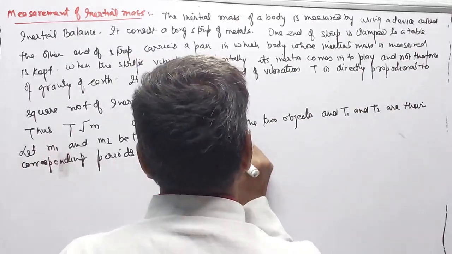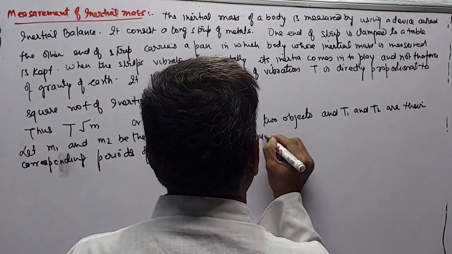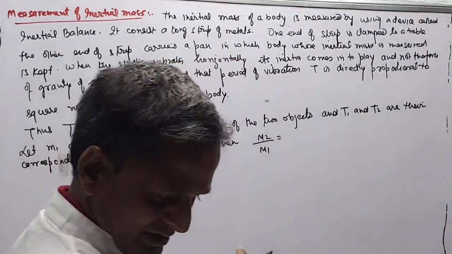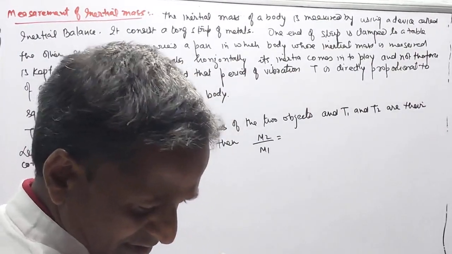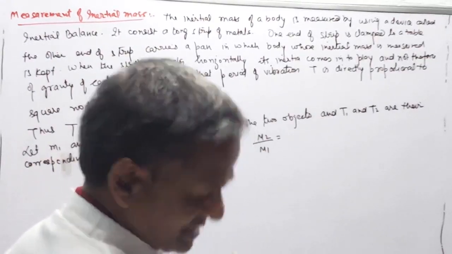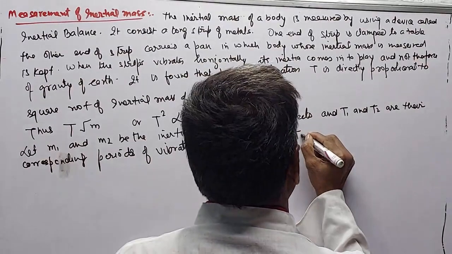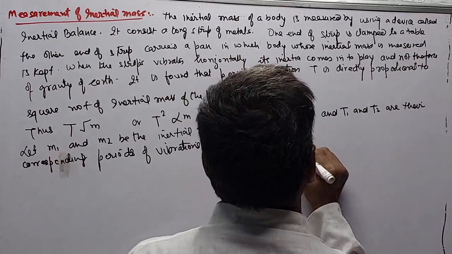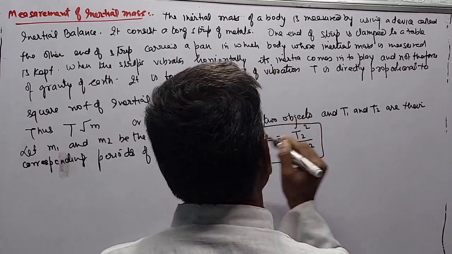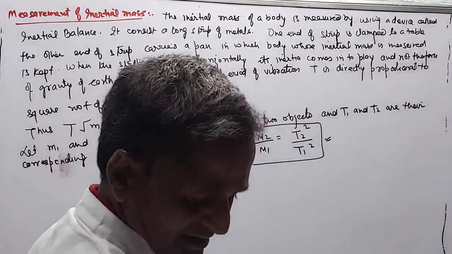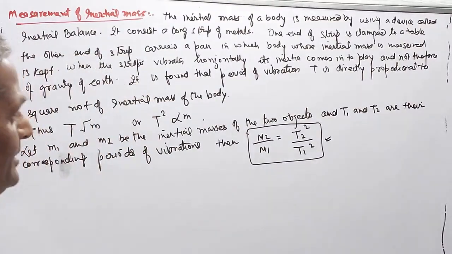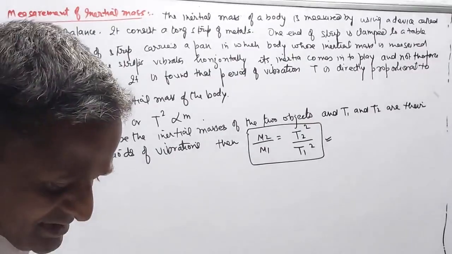Then m2 upon m1 equals T2 square upon T1 square. This is the mathematical expression for calculating the inertial masses.